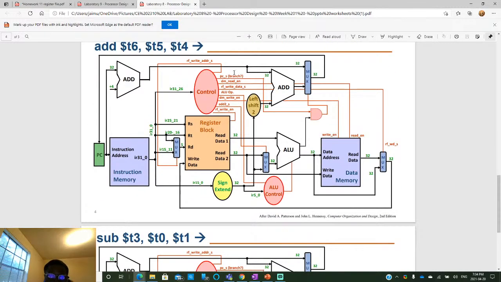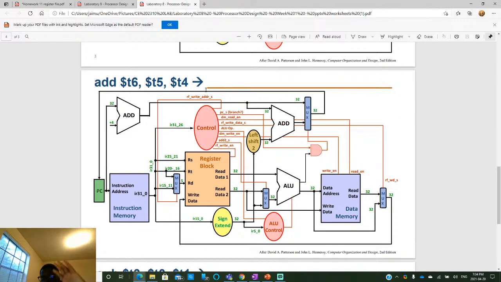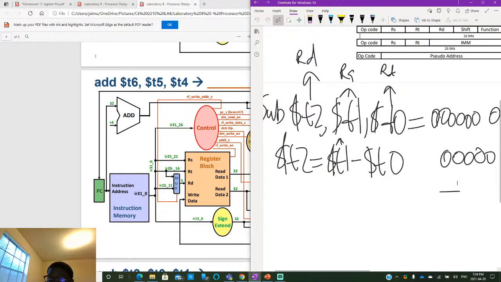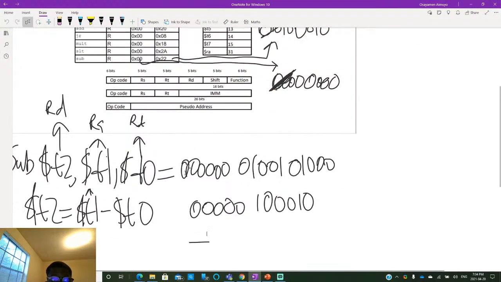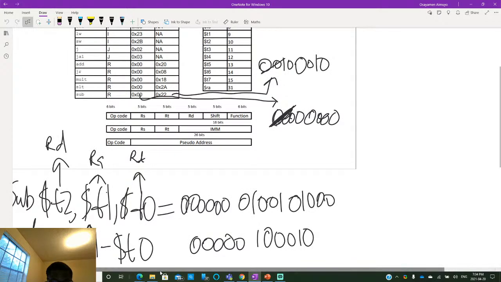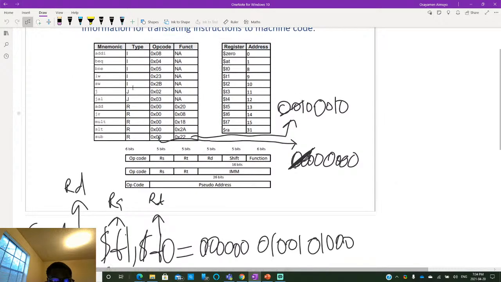Okay. First of all, the same logic applies regarding getting the function code, which we did here for the subtraction. For the addition, let's see, it's the same opcode if I'm not mistaken.